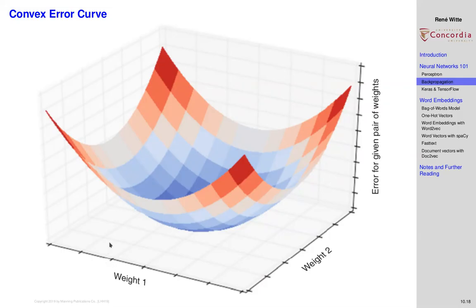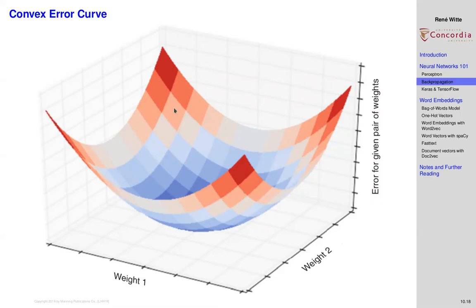So now we are going to start by initializing these 2 weights, for example, some random value, and we are somewhere here on this error curve, on this error surface. And now we want to be able to change the weights. And we want to be able to change them so that the error becomes smaller. So you can see on this function here, we want to go towards a decreasing value.